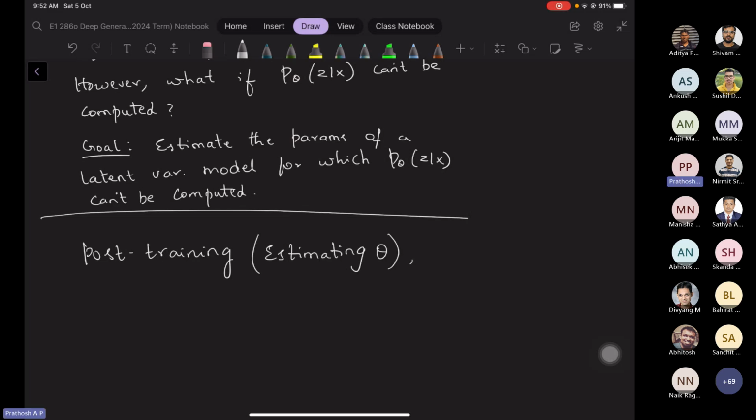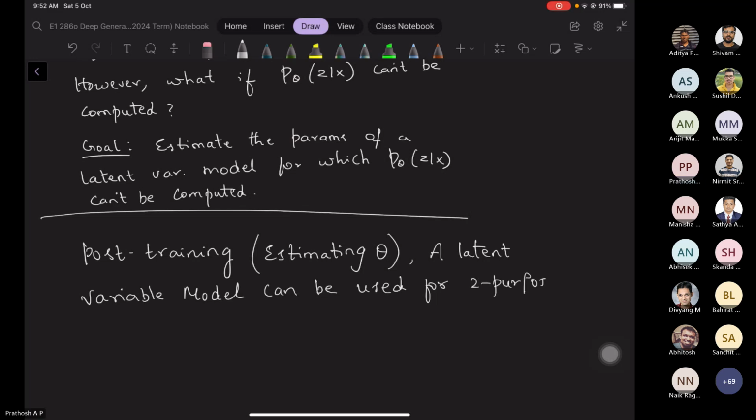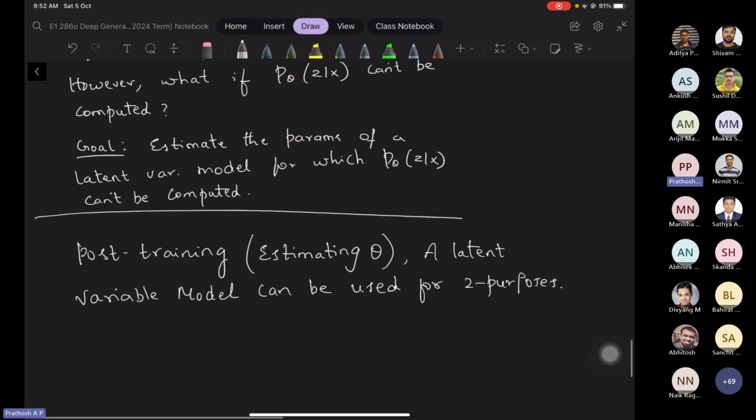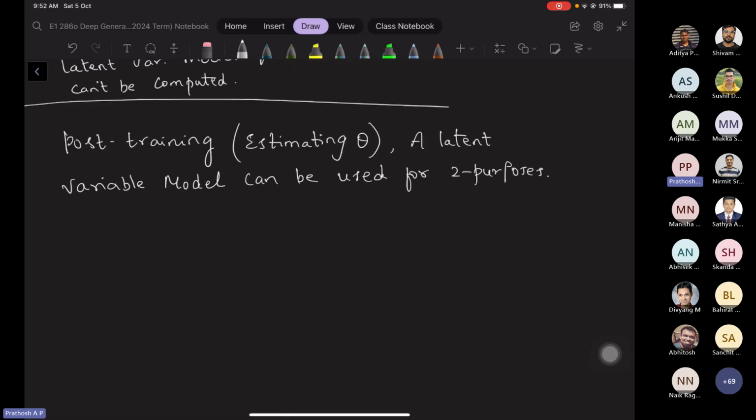After we estimate theta, a latent variable model can be used for two purposes. This can be any latent variable model, including a GMM. The first thing is sampling or generation, because these are generative models, right?